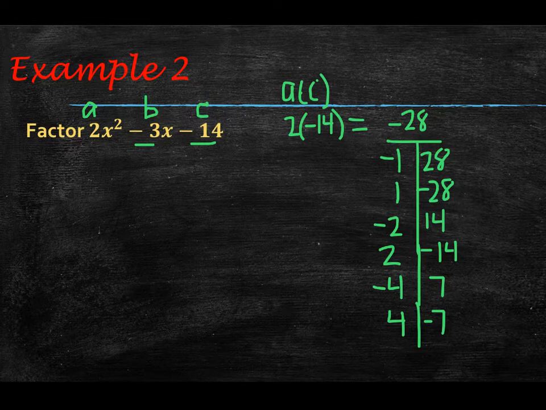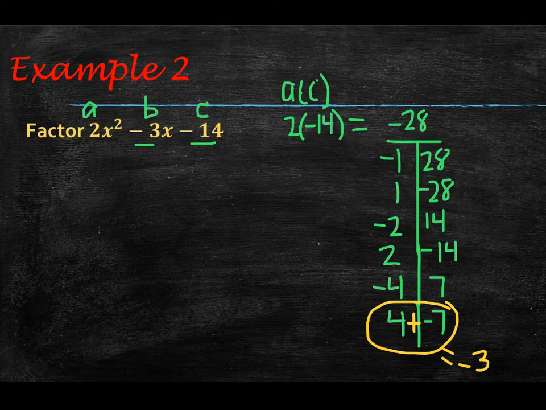Look for the one that adds up to b, which is negative 3. So that would be 4 and negative 7. If I do 4 plus negative 7, that does in fact equal that negative 3, which was our b. Okay. So let's rewrite our trinomial.